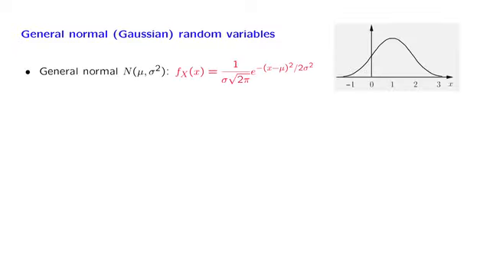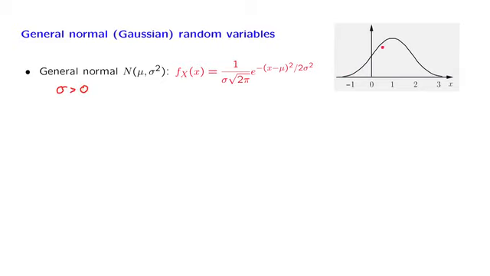Let us now define general normal random variables. General normal random variables are once more specified in terms of the corresponding PDF, but this PDF is a little more complicated and it involves two parameters, mu and sigma squared, where sigma is a given positive parameter.